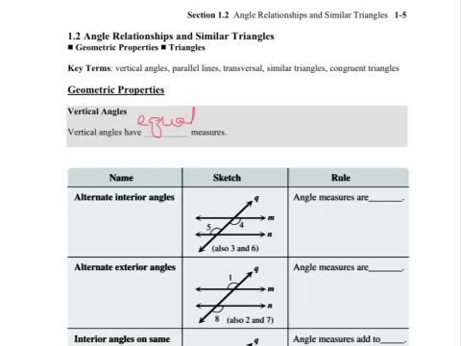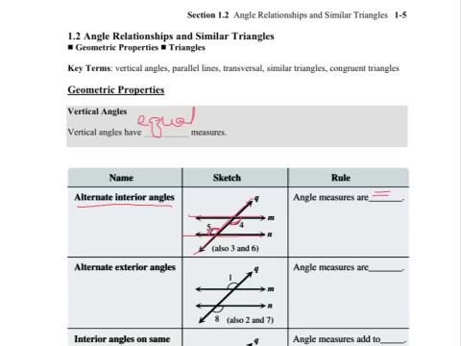measures. So let's go down here, and this is alternate interior angles. So here's your alternate interior angles. So here the angle measures are going to be equal. Okay? Because you figure if this is 180 degrees and this is 180 degrees, if you have your interior angles here, they're going to be equal because you have your transversal going through. And a transversal will go through parallel lines.